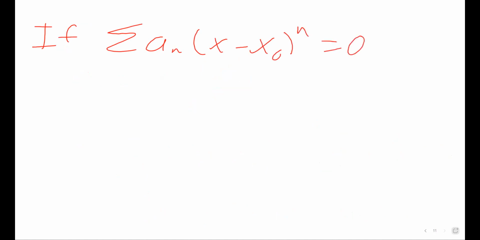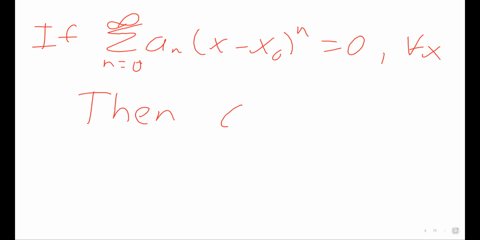Another one, if our summation equals 0 for all of our x's that are in our interval of convergence, then we know that every one of our a values has to equal 0 as well.